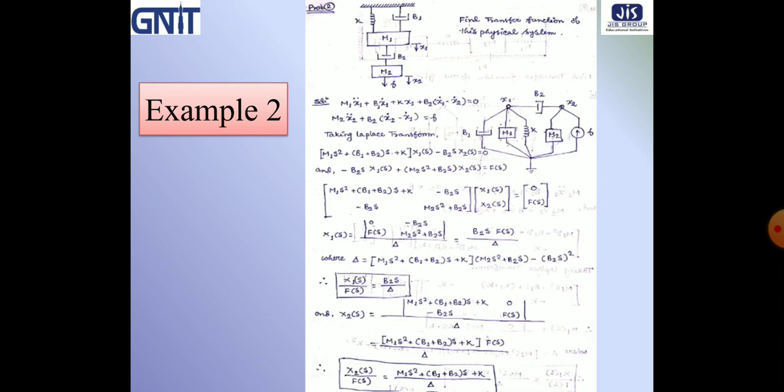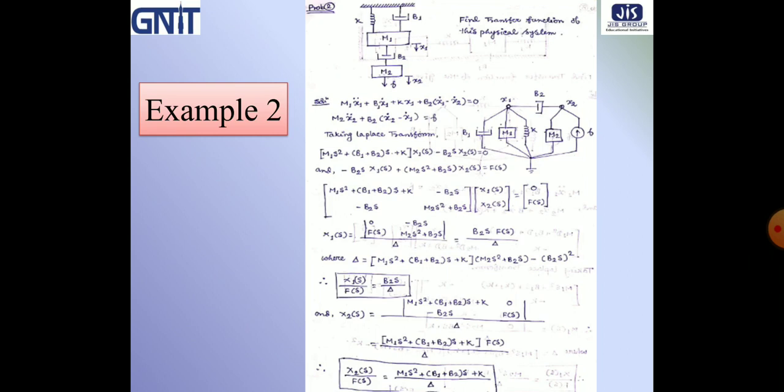The masses m1 and m2 are connected through b2, that is damper 2. And in our previous problem, we already know that one end of the mass will be connected to the reference point.